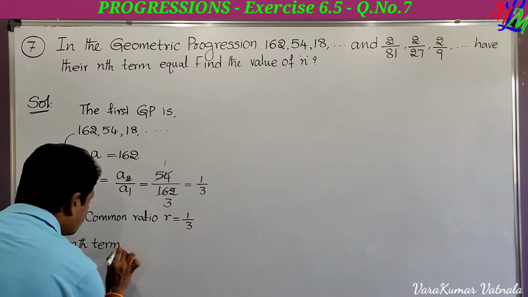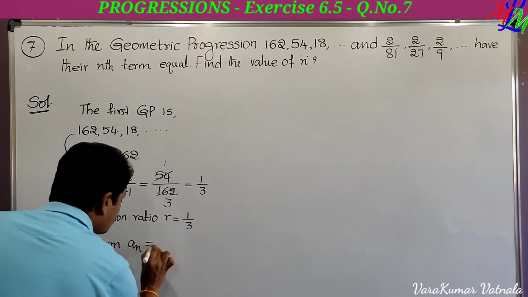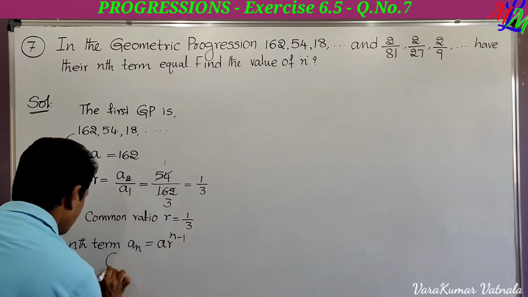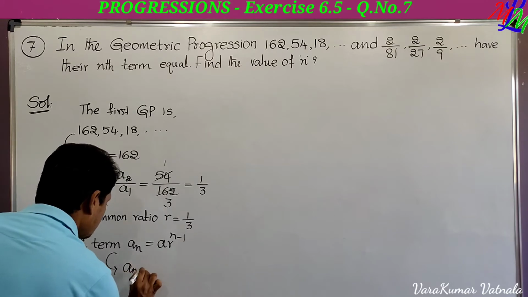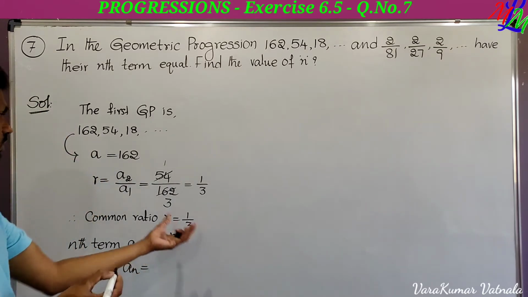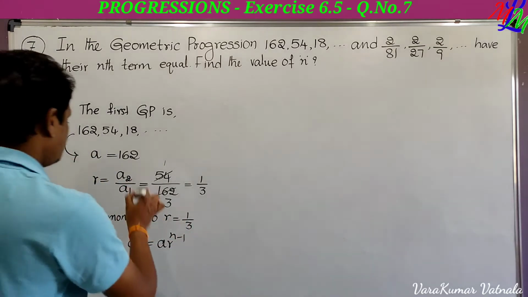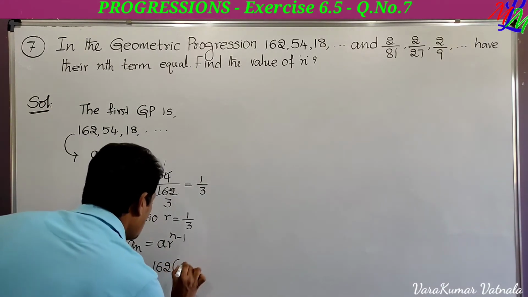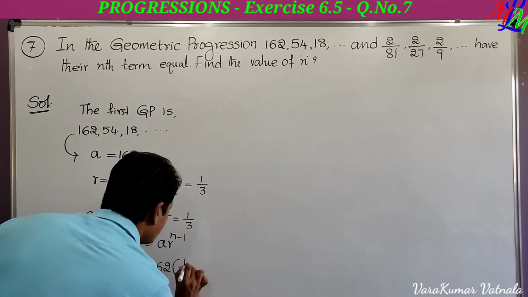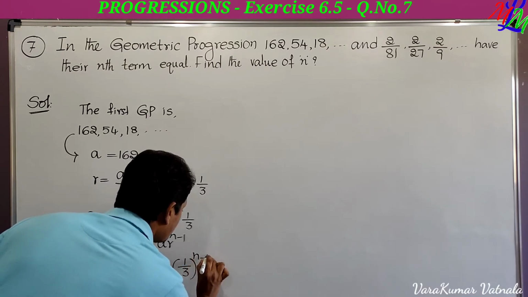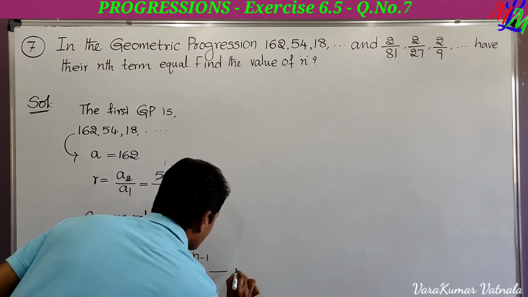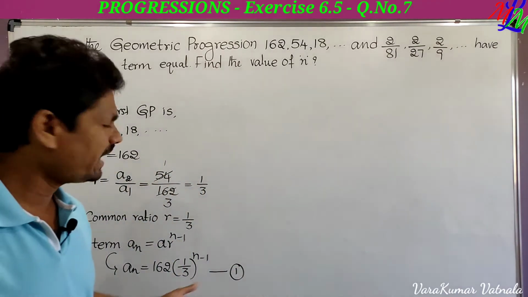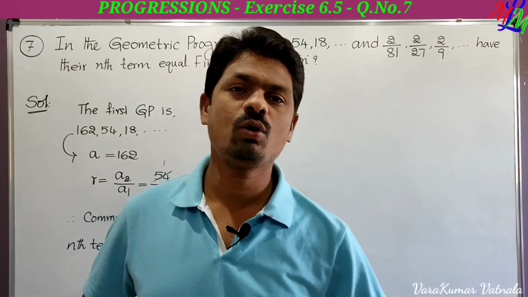We have the a value and r value, so we simply have to substitute. an is equal to 162 into 1 by 3 whole to the power n minus 1. Let this be equation number 1. This is the nth term of the first geometric progression.